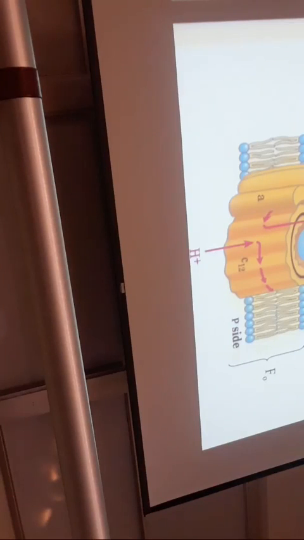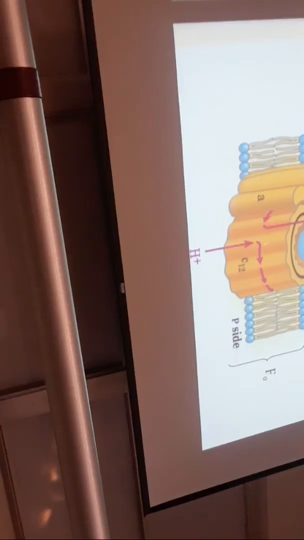And extending to the center of this hexameric stationary ring is a piston-like protein, the gamma subunit, which interacts via the epsilon subunit with part of the FO portion of ATP synthase.